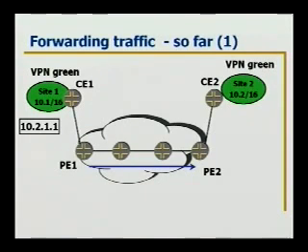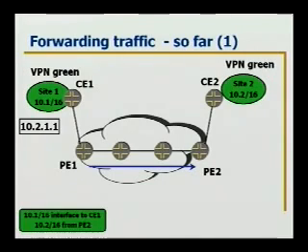So the traffic arrives from CE1 to P1, and based on the interface over which this traffic arrives, P1 knows that this traffic belongs to VPN Green, so it goes ahead and looks inside the forwarding table for VPN Green. It says, oh, okay, this is an address in the 10.2/16 range. I know that that advertisement came from PE2. Let me forward this traffic to PE2.